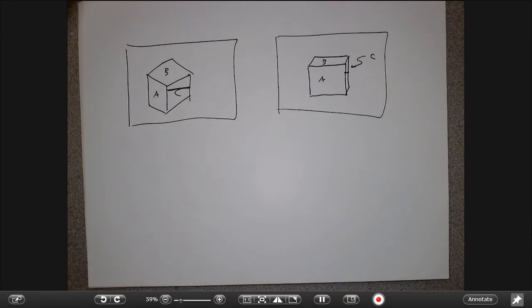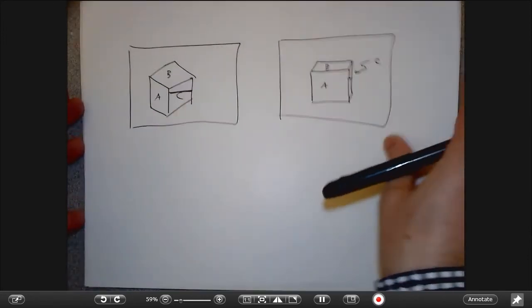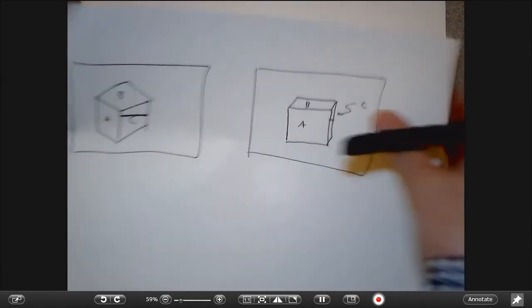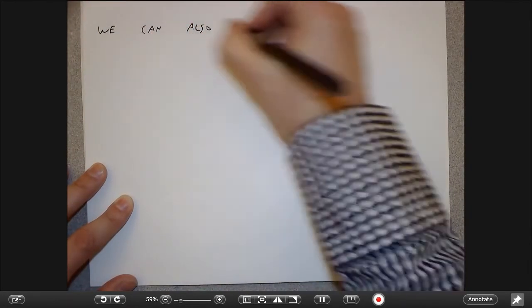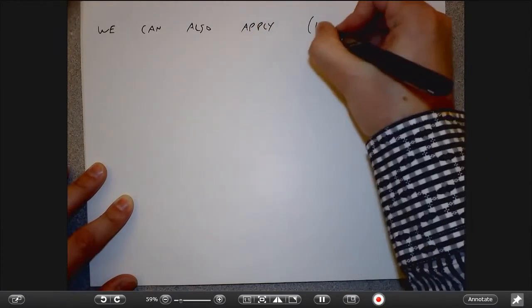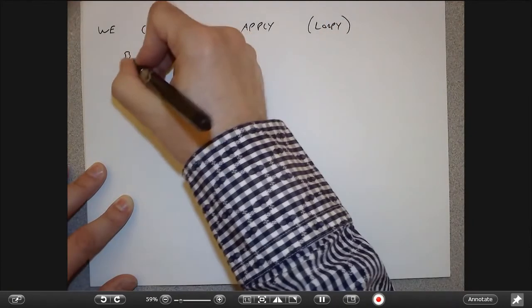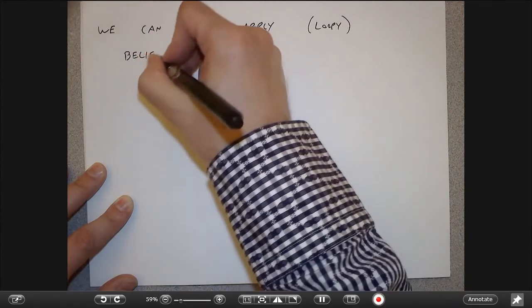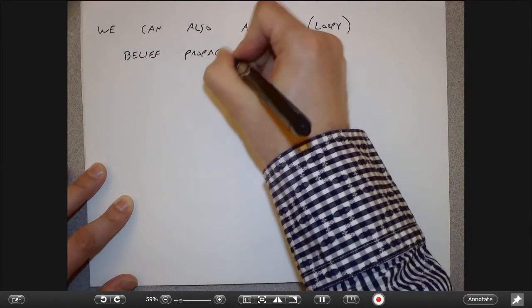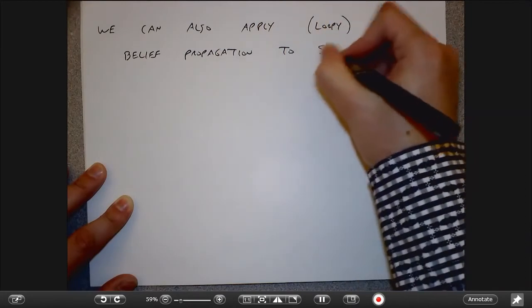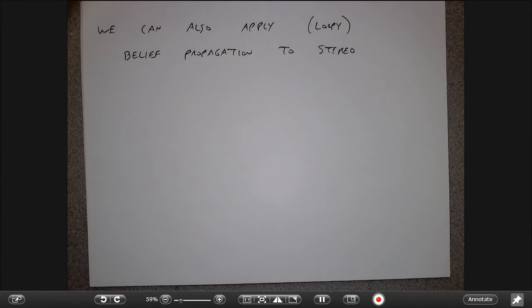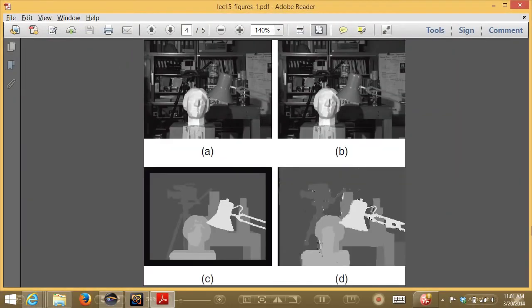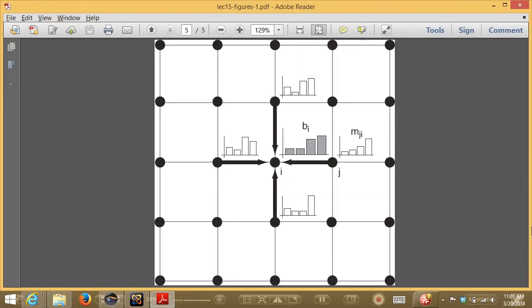Okay, so I think I said this verbally a couple times already, but we can also apply what I would call loopy belief propagation to stereo. Let's look back at what that means. This was the sketch I showed about belief propagation earlier.